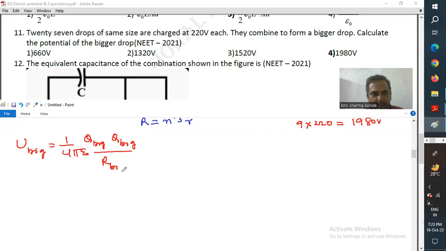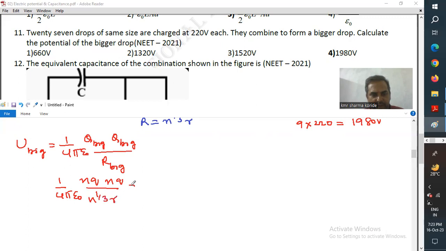So you substitute 1 by 4 pi epsilon naught. Q big is what we wrote, N Q, and one more Q big is N Q. R big is N to the power of 1 by 3 with the small r.